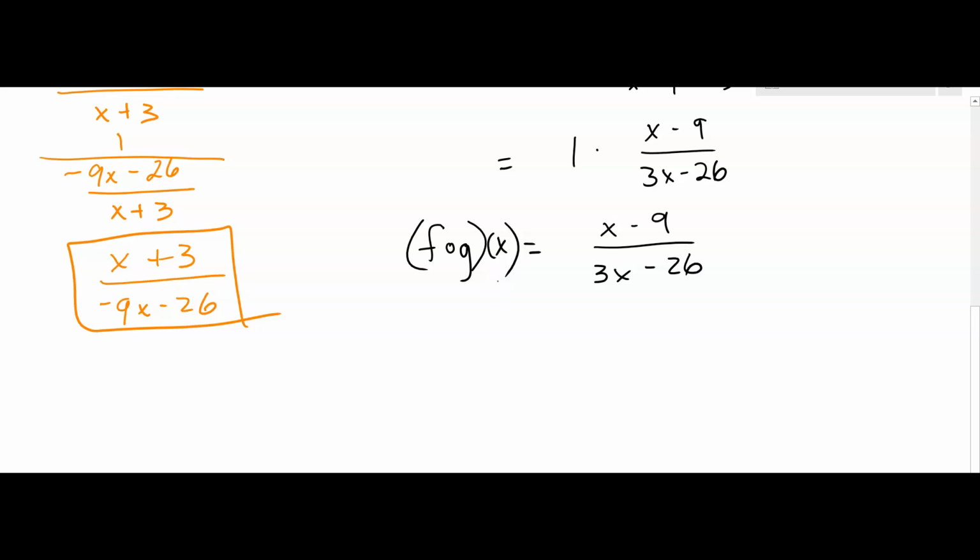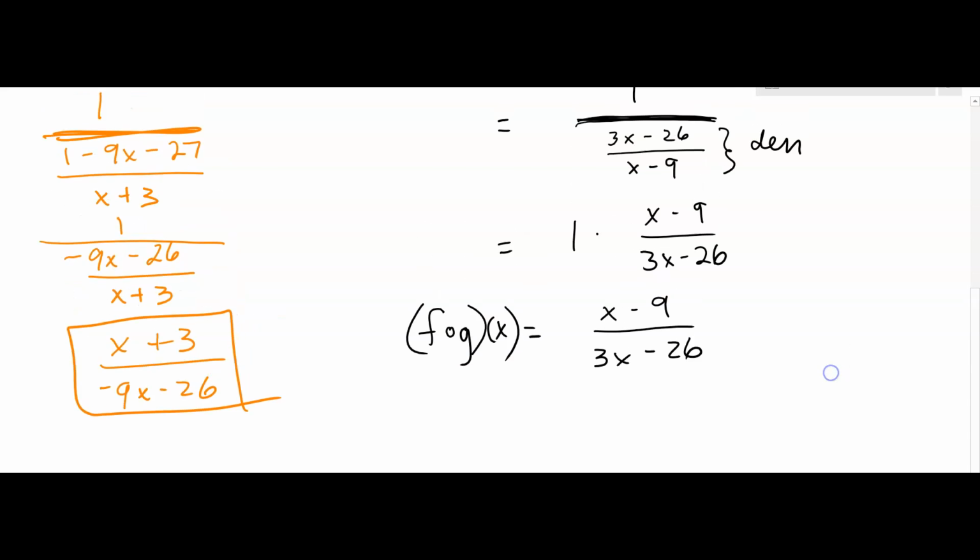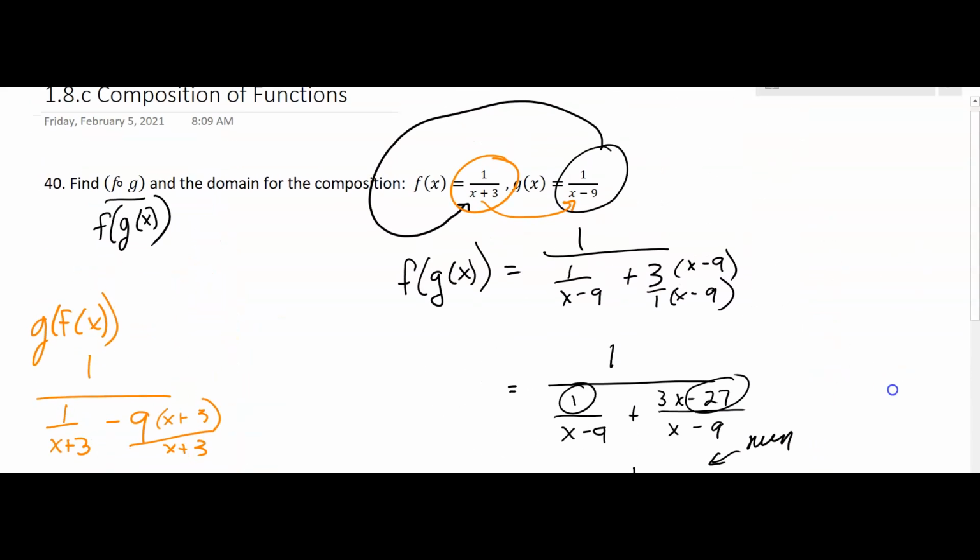Well, what can't we have? I think I'm going to have to scroll back up. All right, g of x, you've got to check that first of all. So in g of x, x cannot be 9, because it won't be defined.